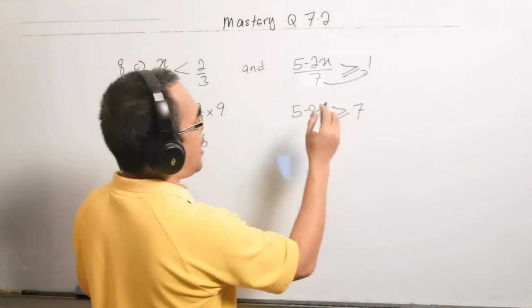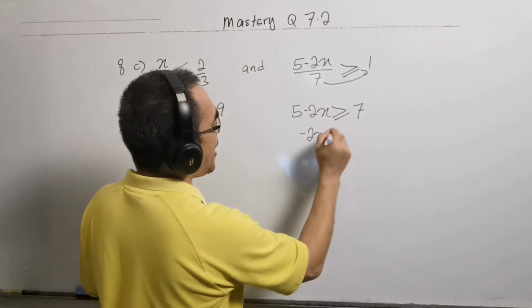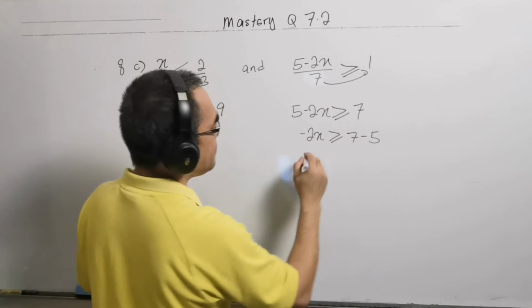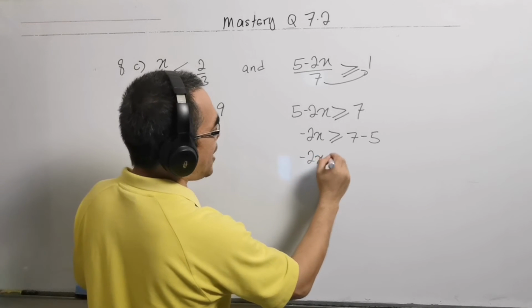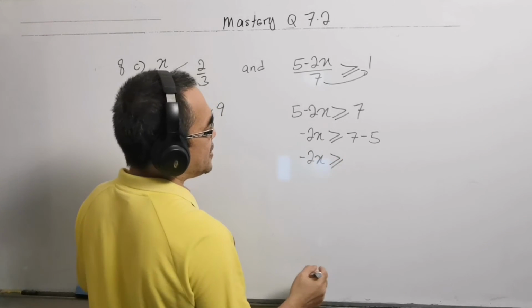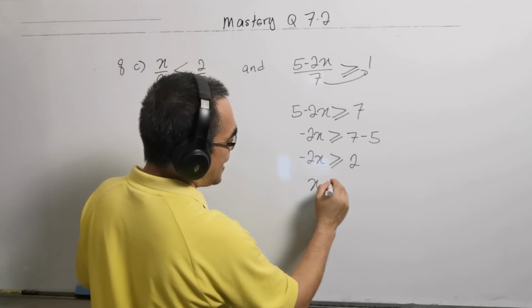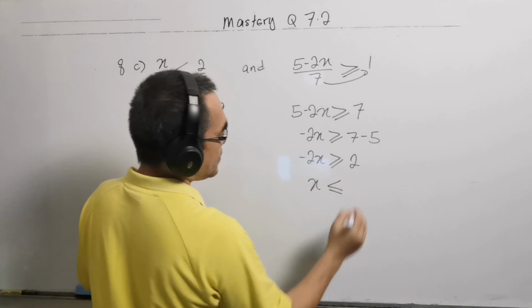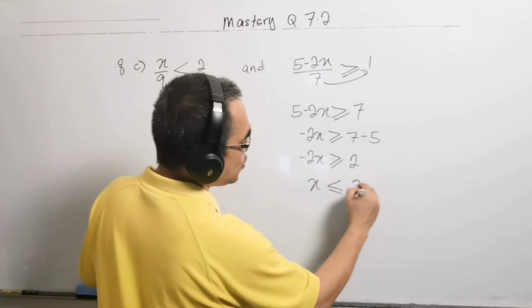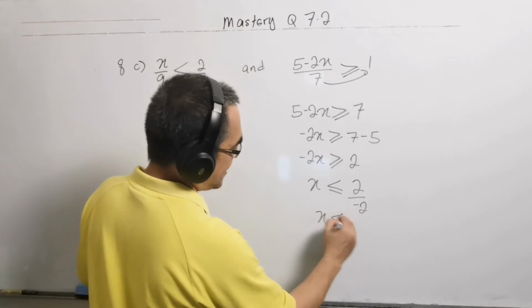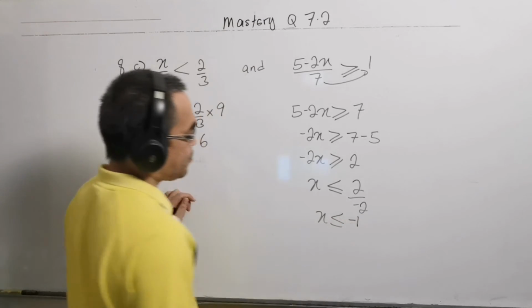So then you move 5, so we have -2x larger than 7 minus 5. So -2x will be larger than 2. So x will be less than -1.